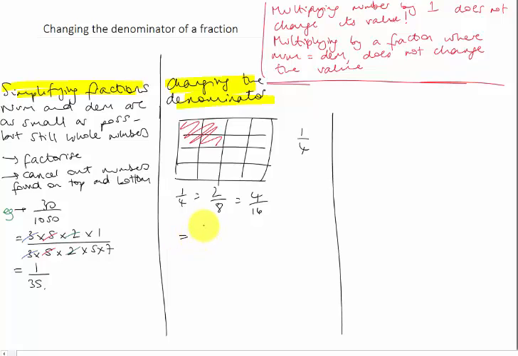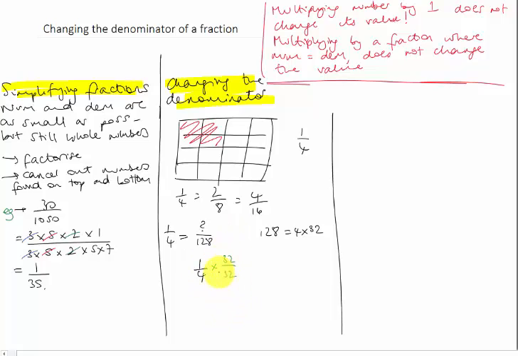Now let's imagine we want a fraction out of 128. What do you do? I know that 128 is equal to 4 times 32. So 1/4 is how many out of 128? 128 is 4 times 32, so we do 1/4 times 32 over 32.